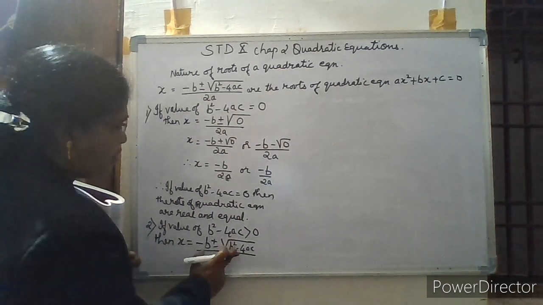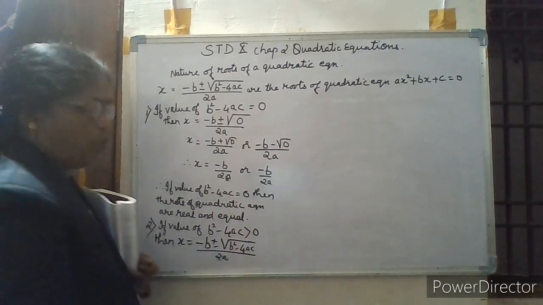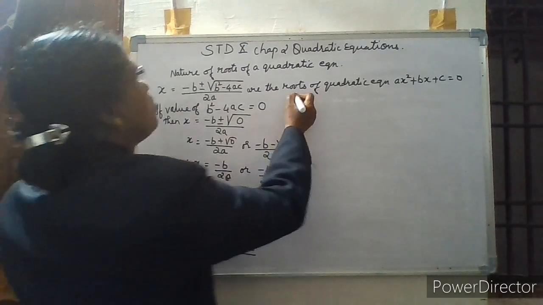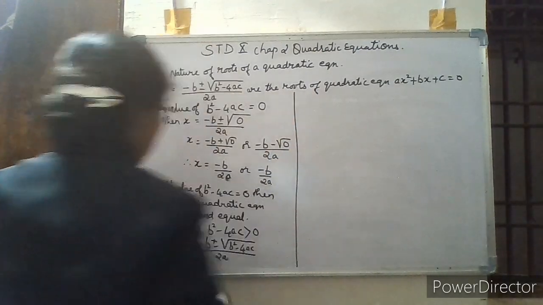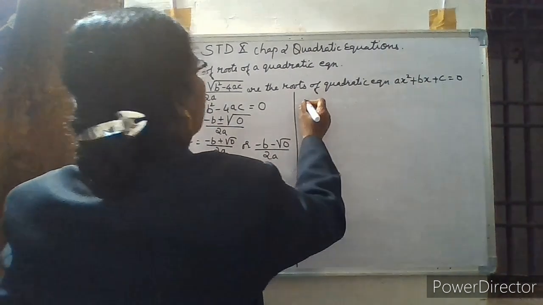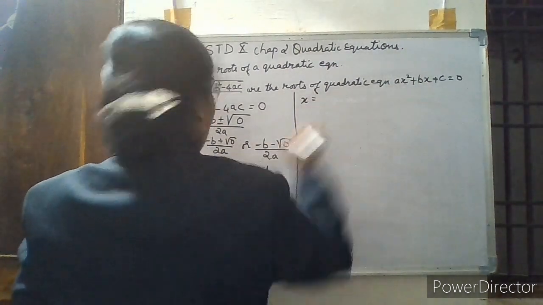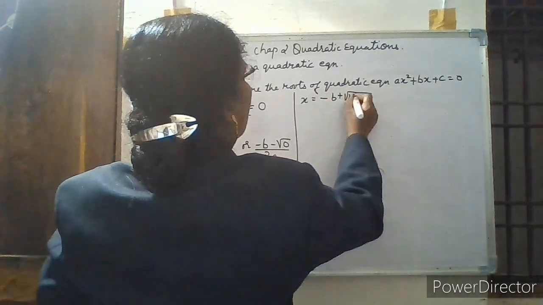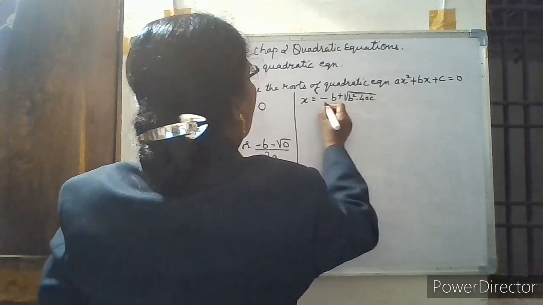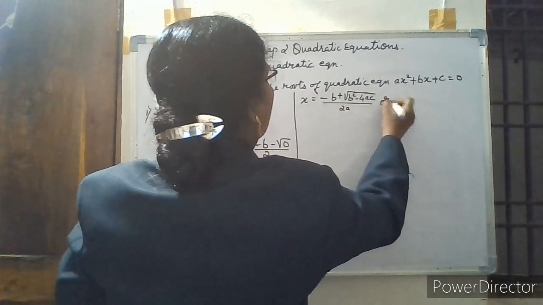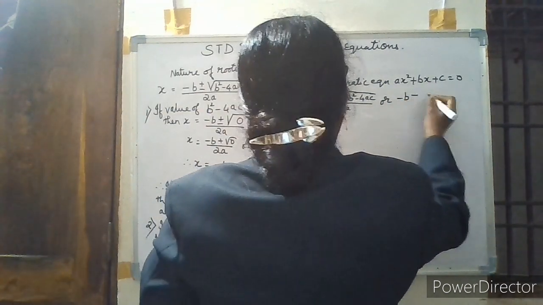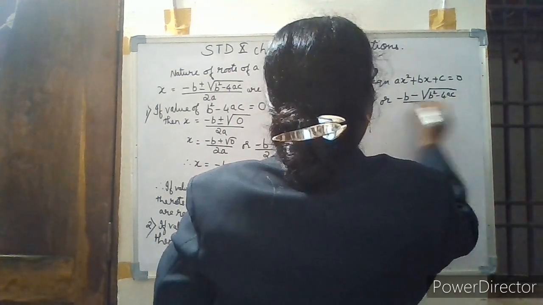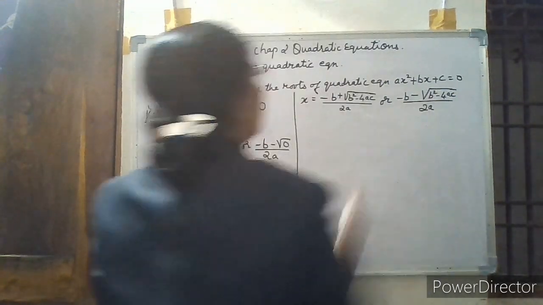Now if the value under root is greater than 0, it is a positive number. Therefore we get two roots: x is equal to either minus b plus root of b squared minus 4ac upon 2a, or minus b minus root of b squared minus 4ac upon 2a. In this way we will get two roots.